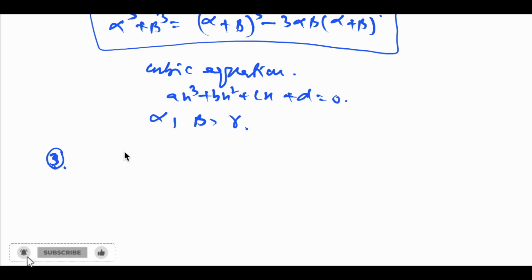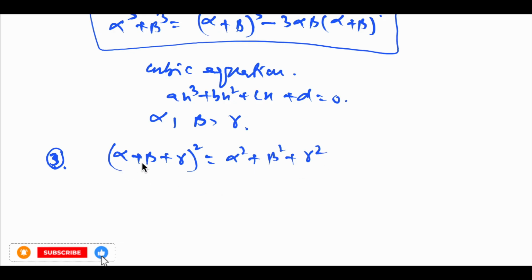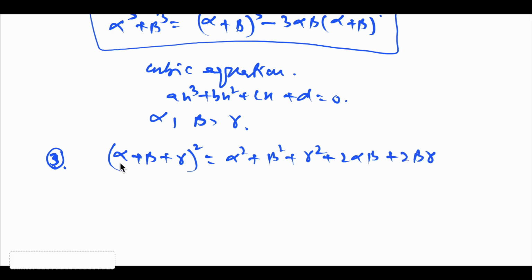Third formula: alpha plus beta plus gamma whole square is equal to alpha square plus beta square plus gamma square. Now multiply these two together, so this will be alpha beta, and twice, plus 2 alpha beta. Then multiply these two together, beta gamma twice, plus 2 beta gamma. Then multiply alpha and gamma and twice, plus 2 alpha gamma.